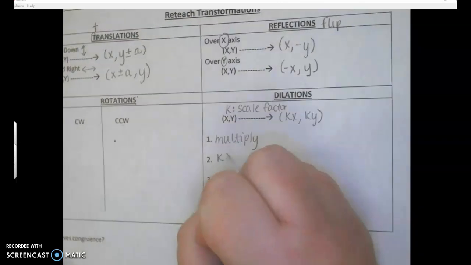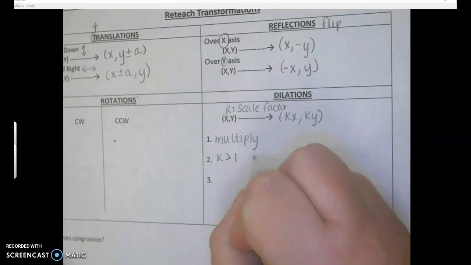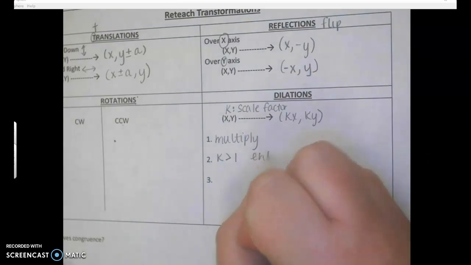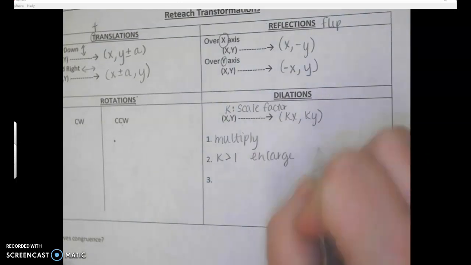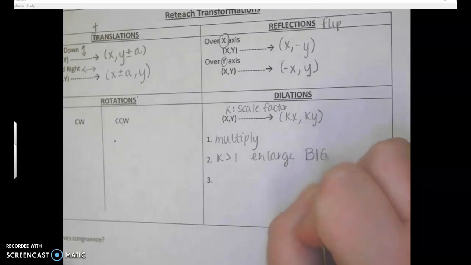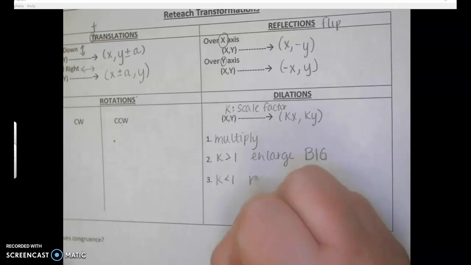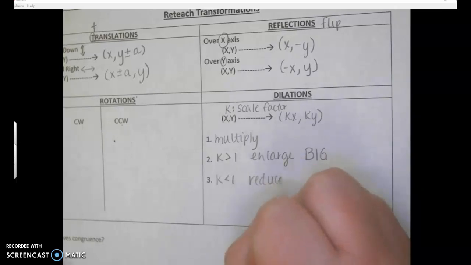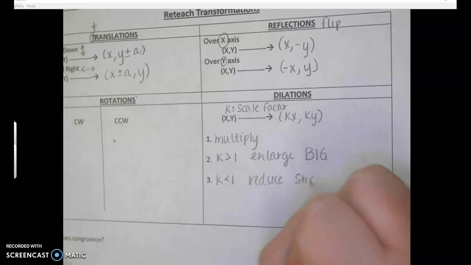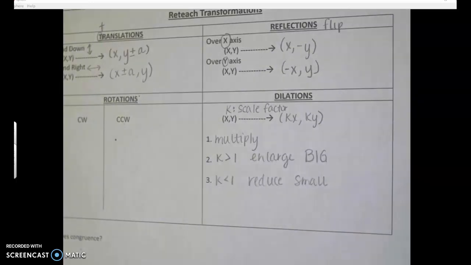When our scale factor is greater than 1, this is an enlarge, and it gets big. Versus when my K is less than 1, this is a reduction or reduce, and it gets smaller. Now, unfortunately, I don't have any little tricks or tips really to help with those. You're just going to have to know those facts.